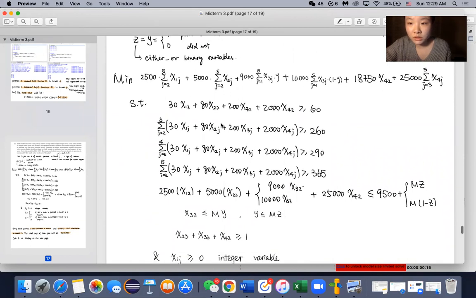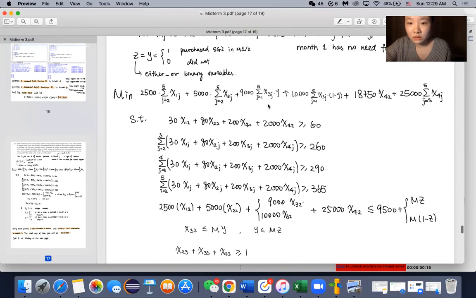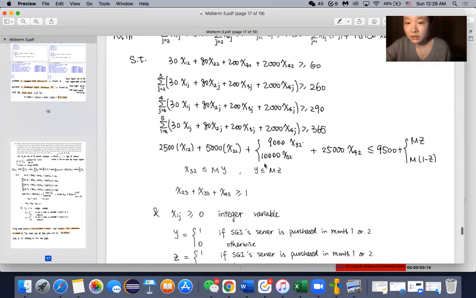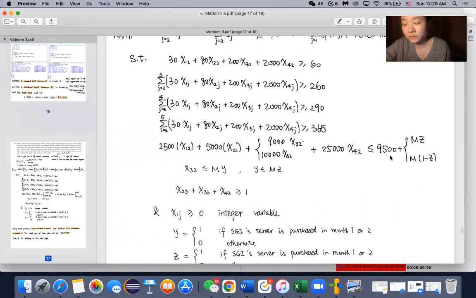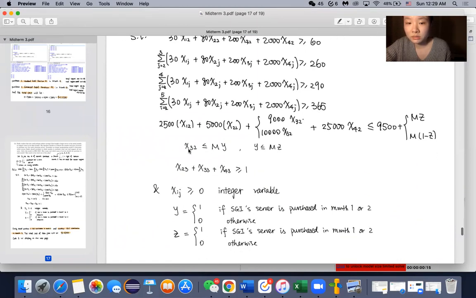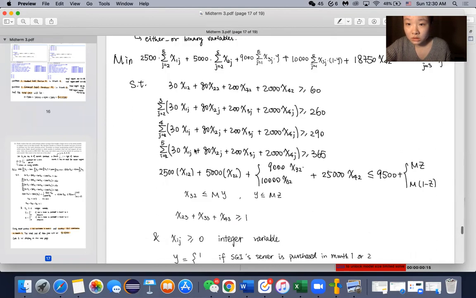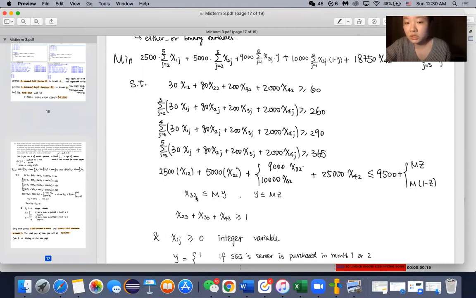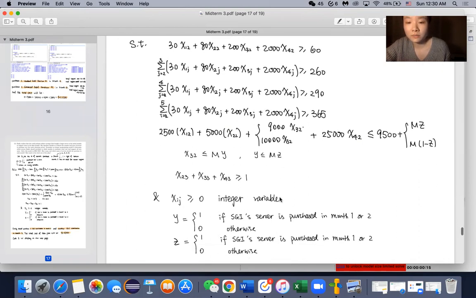For this question, the binary variable y is introduced in the objective function, and z is used in the constraints, and this means whether or not to purchase the SGI workstation in month 2 is aligned with the values of y and z.